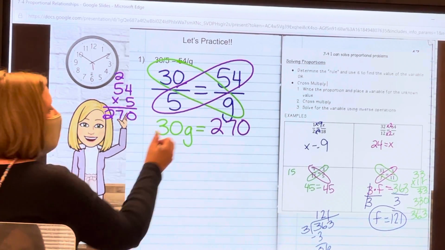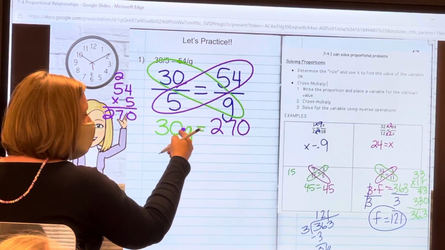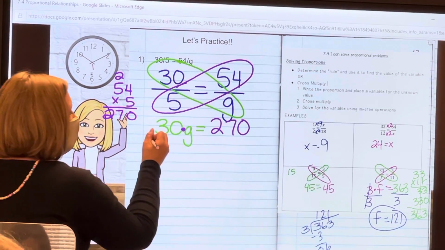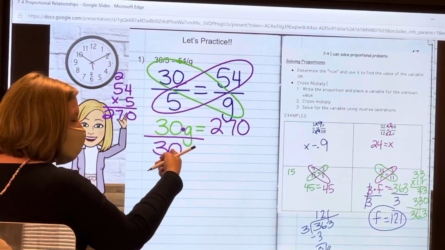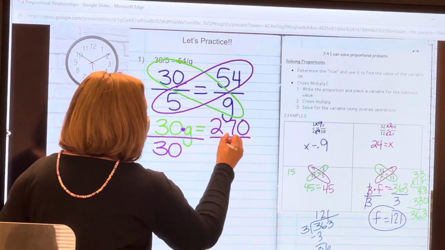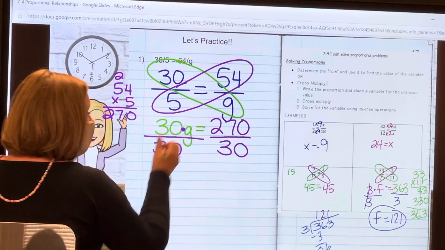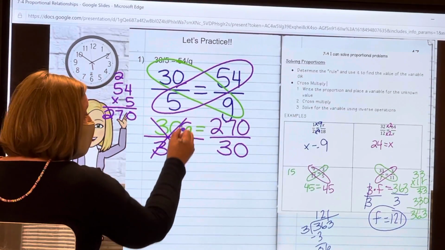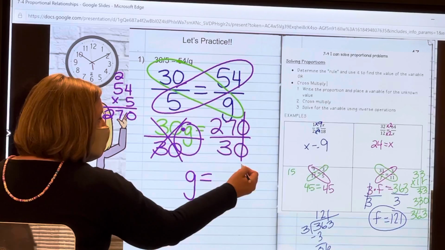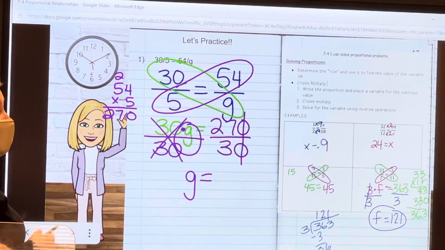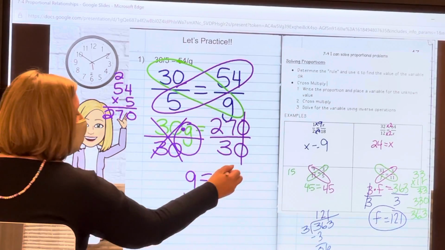Times. So how do I undo the multiplication? So what am I gonna divide by? 30. That's what's with the G. So my 30s cancel out and I'm left with G. My zeros cancel out over here and I'm left with 27 divided by 3, which is 9.